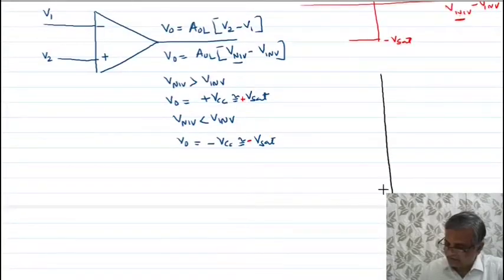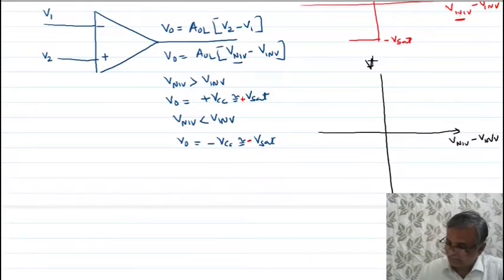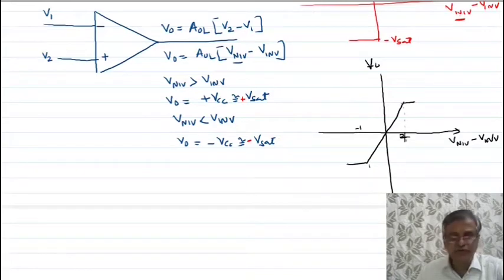Actually, if you do the practical, you will get practical characteristics like this. Due to input offset voltage, it will take some 2 millivolt to change the state from minus Vsat to plus Vsat, or plus Vsat to minus Vsat.